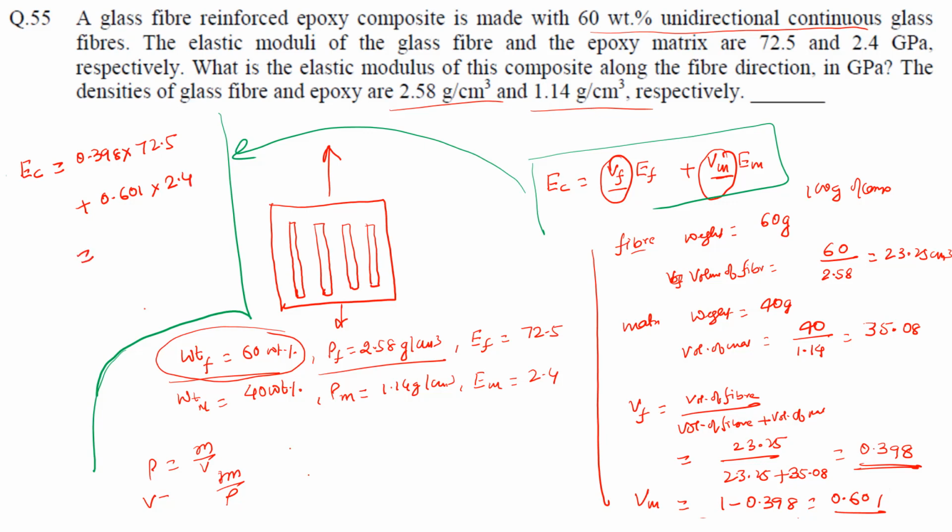Now if you do the calculation, 0.398 into 72.5 plus 0.601 into 2.4, it will be 30.29. The answer will be in GPa. So this is your answer.